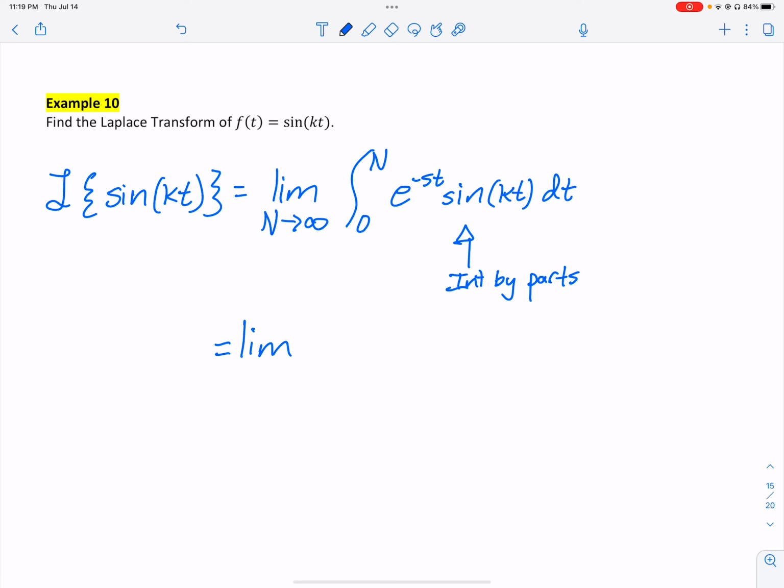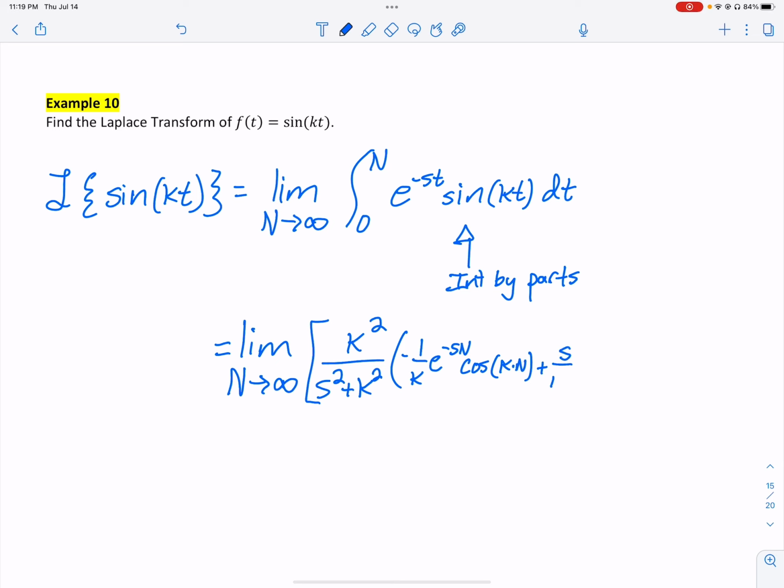So I'm going to jump into the limit. The limit as n approaches infinity, and then I'm going to give you this crazy statement here, and then we'll figure out what to do with it. So this is k squared over s squared plus k squared, times negative 1 over k e to the negative sn cosine kn plus s over k squared e to the negative sn sine kn.